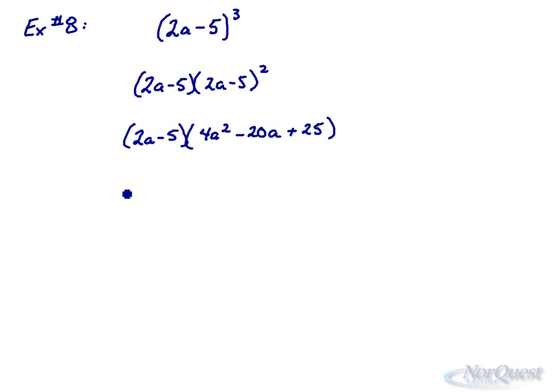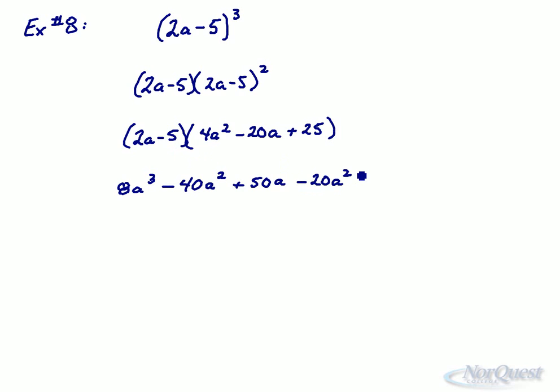2a times 4a squared, 8a cubed. 2a times negative 20a, minus 40a squared. 2a times 25, plus 50a. Negative 5 times 4a squared, minus 20a squared.